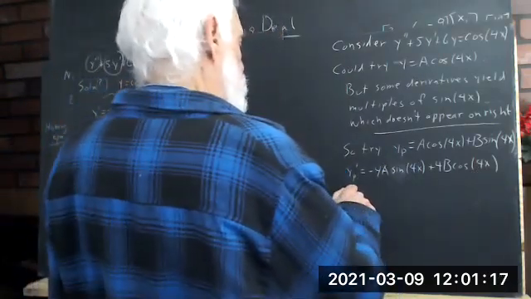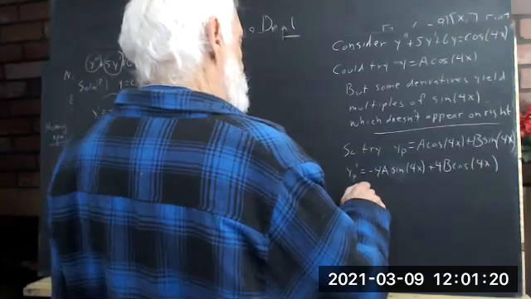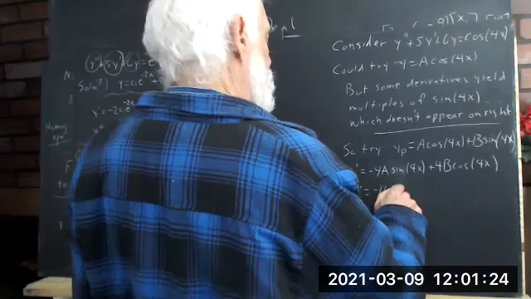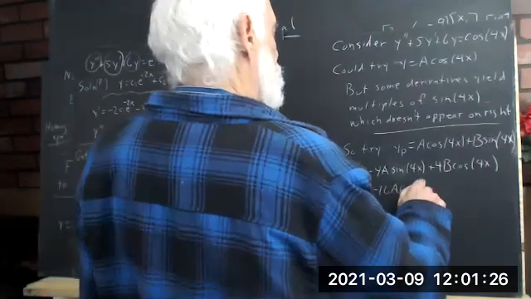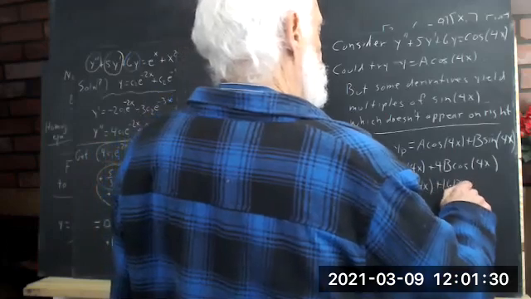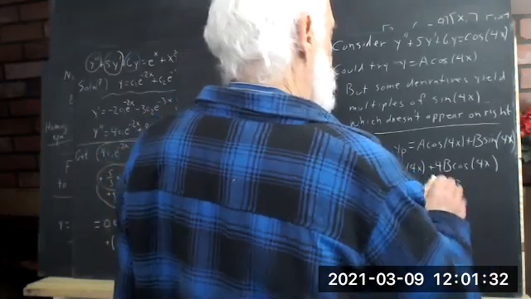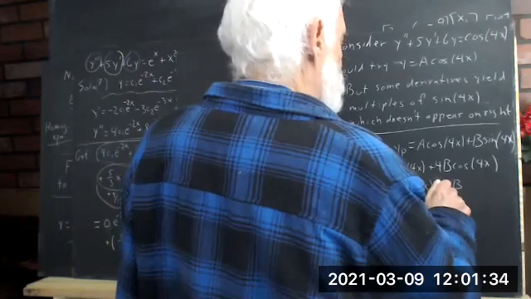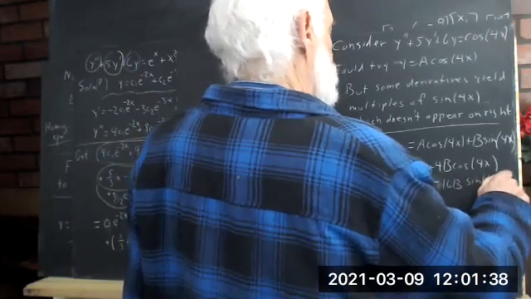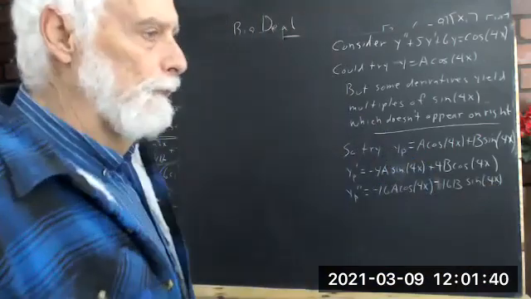And then YP double prime is negative 16a cosine of 4x and minus, not plus, 16b sine of 4x.